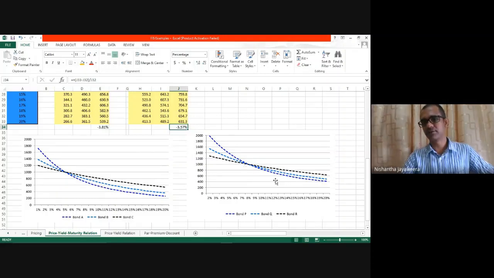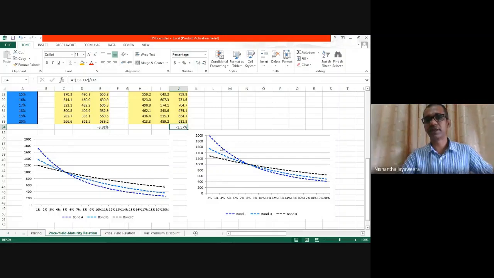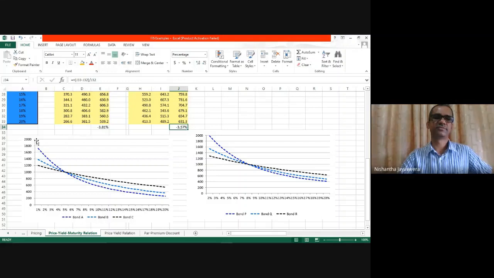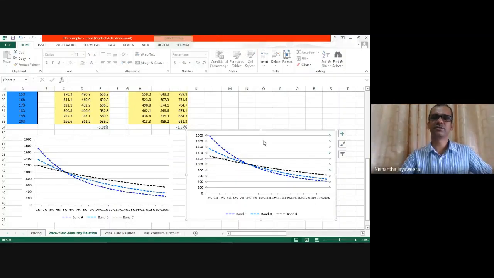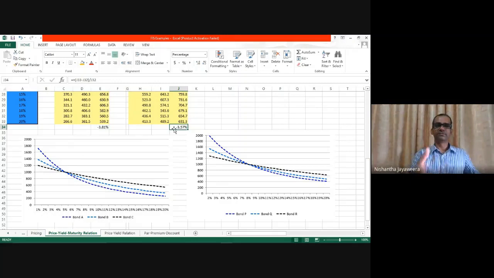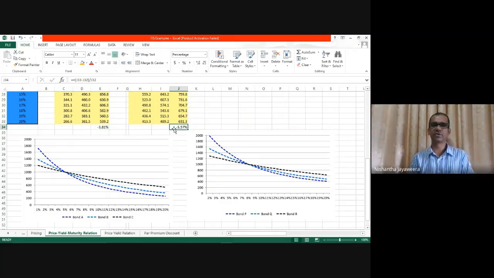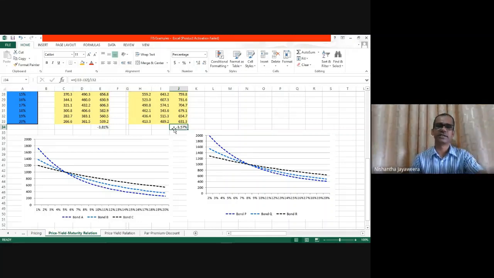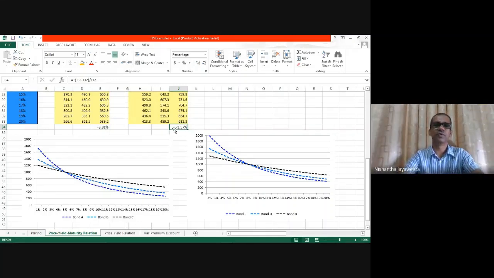But if we move the other way, when yield decreases, price increases more rapidly than this one. So these are the relationships that you should know, and you should be able to interpret these. We'll discuss this a little bit more in future when we discuss interest rate sensitivity of a bond, the duration.